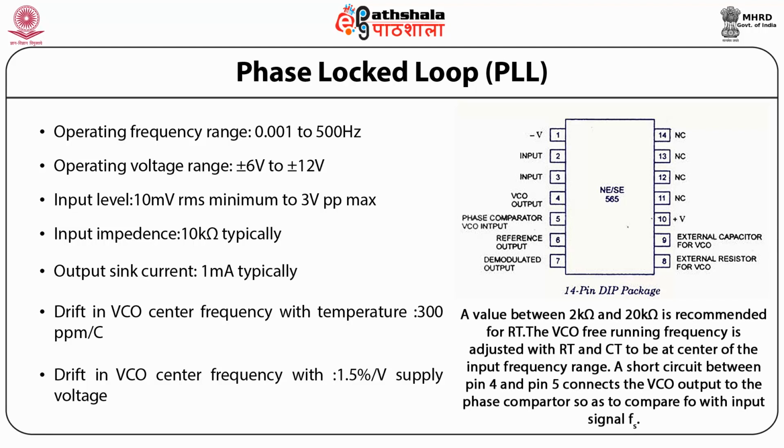A value between 2 kilo ohm and 20 kilo ohm is recommended for RT. The VCO running frequency is adjusted with RT and CT to be at the center of the input frequency range. A short circuit between pin 4 and pin 5 connects the VCO output to the phase comparator in order to compare F0 with the input signal Fs.